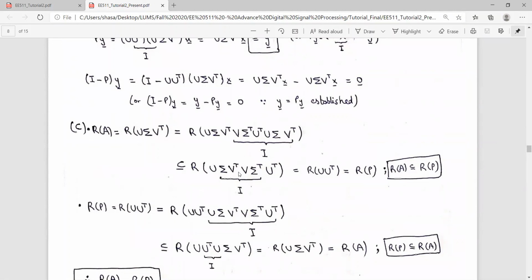So this expression in itself is, the range space of this matrix is a subspace of the range space of this matrix. So we are dealing with spaces, and what I'm saying is that already this is a more general space, and by doing some particular matrix multiplication, I am restricting the values it can take in an intuitive sense.